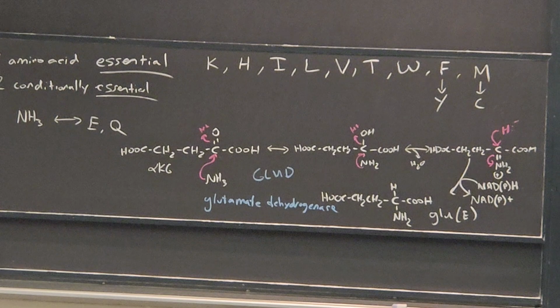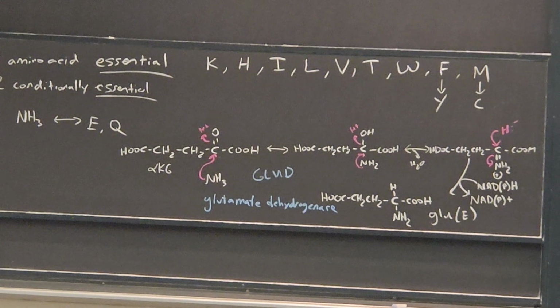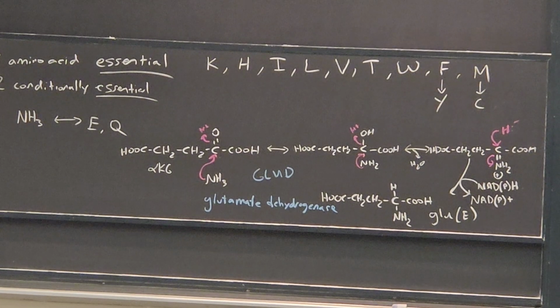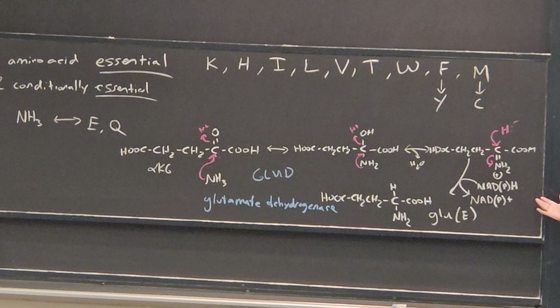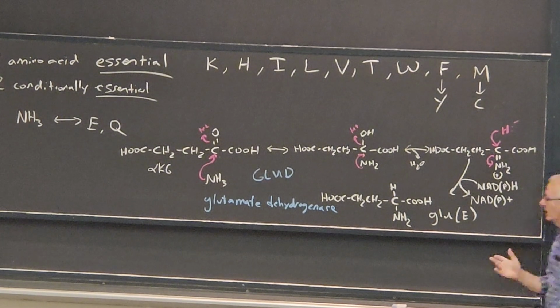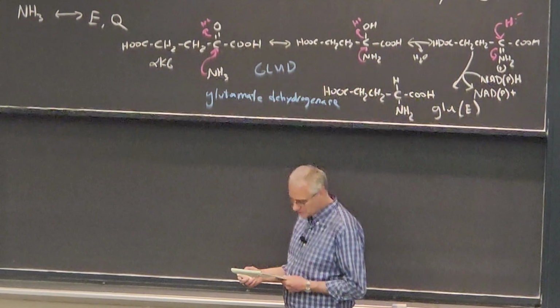Delta G naught prime is approximately 0, so it can take nitrogen in or out of the system, depending on whether you need to put nitrogen in or you need to pull nitrogen out. And it turns out via this reaction, glutamate dehydrogenase, I guess more than any other, is the major reaction that takes nitrogen from ammonia in and out of biological systems. Okay, so that's glutamate dehydrogenase.